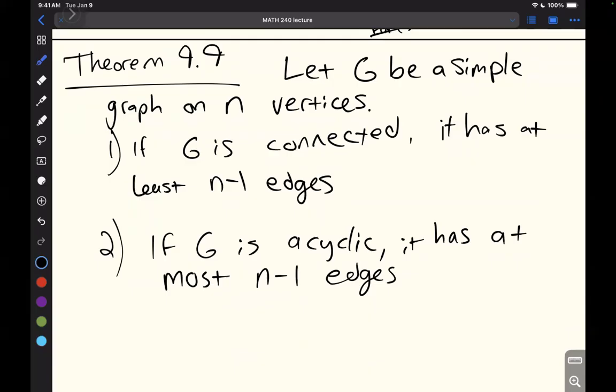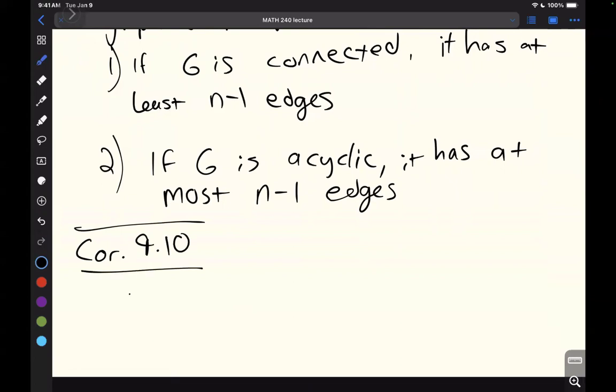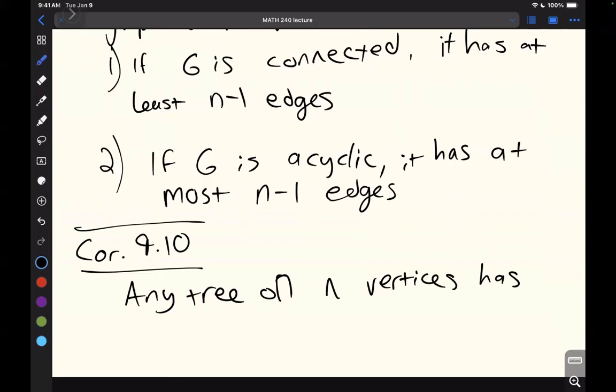And so since trees are both acyclic and connected, then we can say that this is Corollary 9.10, which is any tree on n vertices has exactly n minus 1 edges.